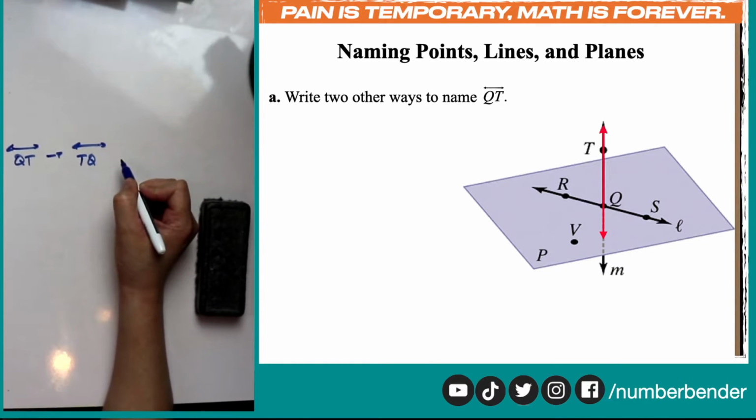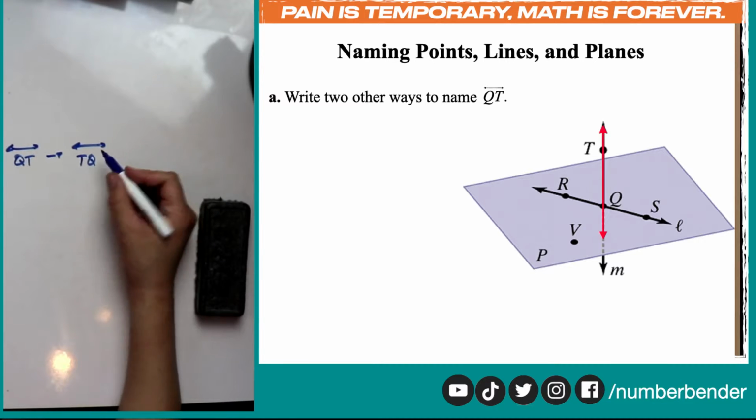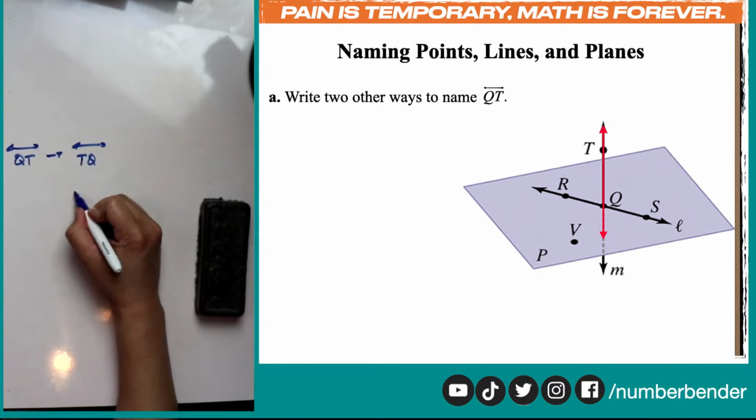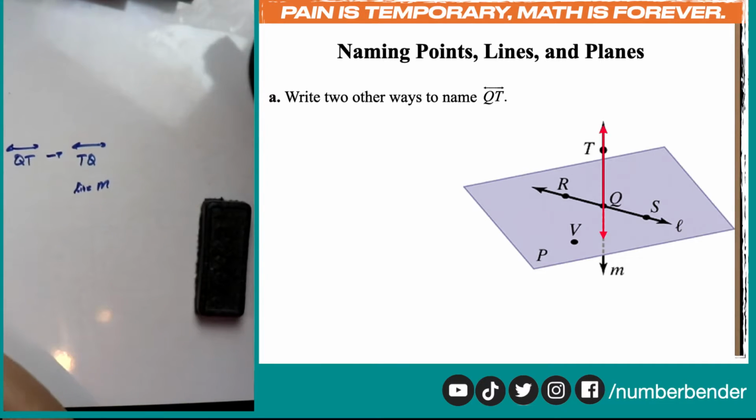At mapapansin din ninyo na yung ating dulong bahagi ng linya meron siyang small letter m dahil pwede din natin siyang tawaging line M. So ito yung dalawang ways on how to name these lines. We can name it as TQ or line M.